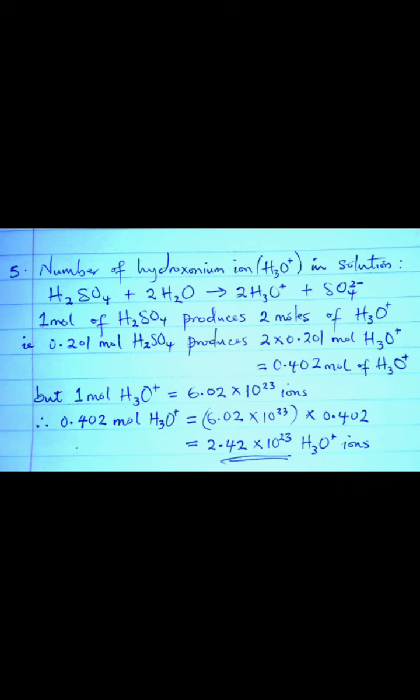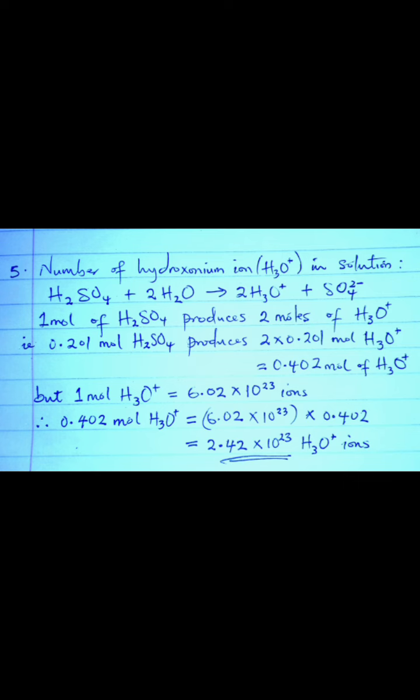0.402. But we remember that 1 mole of any substance equals 6.02 times 10 raised to power 23 particles. The particles we are dealing with now are ions, not atoms, not molecules. So 1 mole of hydronium ion would contain 6.02 times 10 raised to power 23 ions.